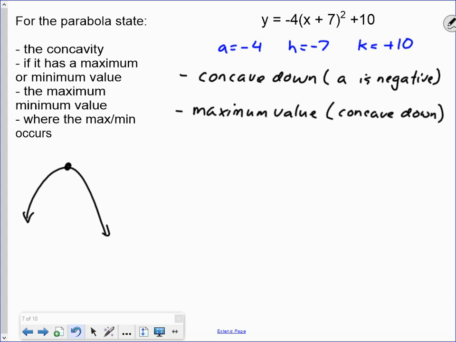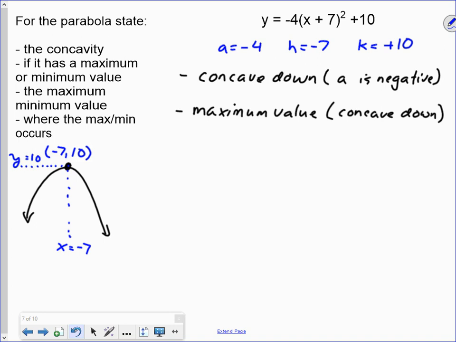Now, we know from our values of a, h, and k what the coordinates are of this vertex. This is going to be the point (-7, 10), meaning this vertex here occurs at an x value of -7, and at that point, y is equal to 10.